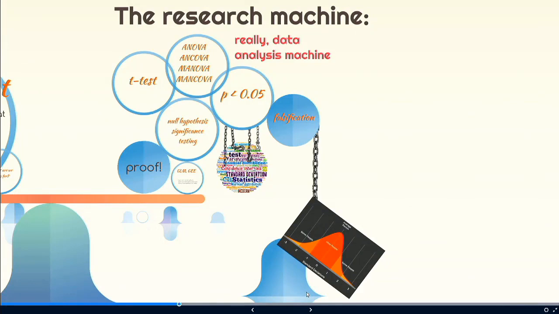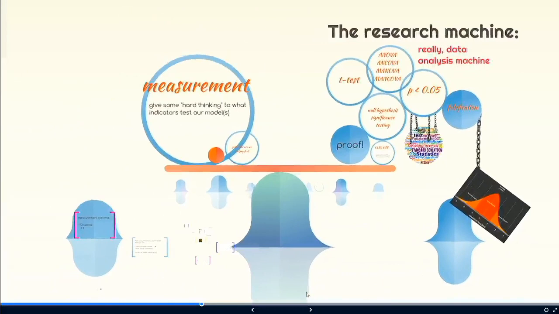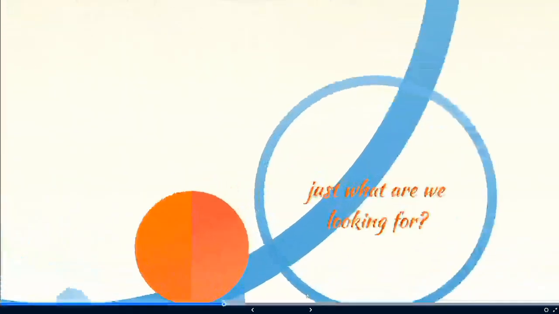It's a very complex profession with higher and higher levels of complexity and understanding, and you could specialize in different aspects of statistics. But we need to balance that with measurement. Again, if we're measuring the wrong thing, we can't fix it in the analysis.